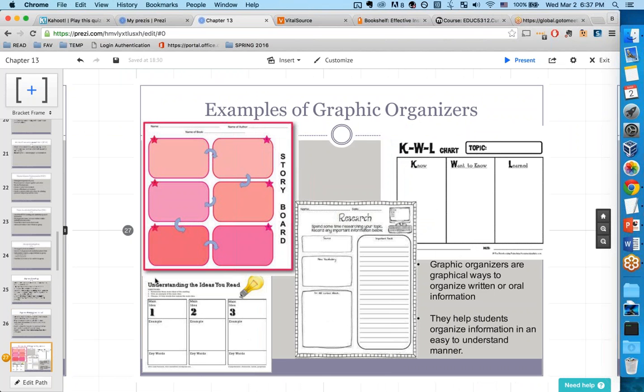So here are some examples, such as storyboards. When you write research, in literature, you may use a lot of graphic organizers. The KWL chart is pretty commonly used in education. K stands for know, W stands for want to know, and L for learned. So these are some of the graphic organizers that can be used in the classroom.